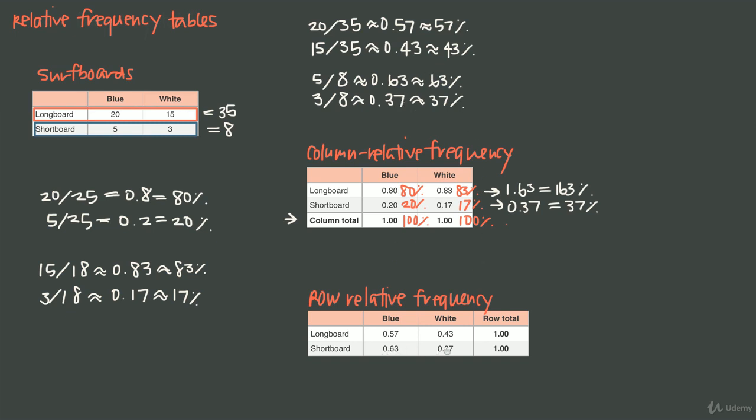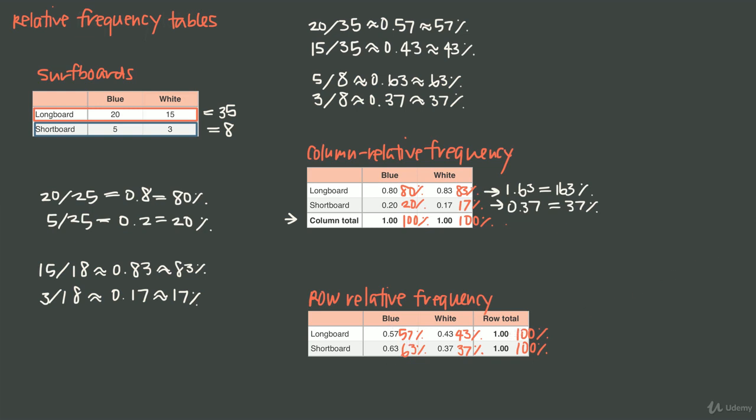And just like with the column relative frequency, it's equally acceptable to put 57%, 43%, and then 63% and 37%. If I do that, I just want to make sure that my row totals are 100% and 100%. So I could express these as percentages or as decimals like I have them.